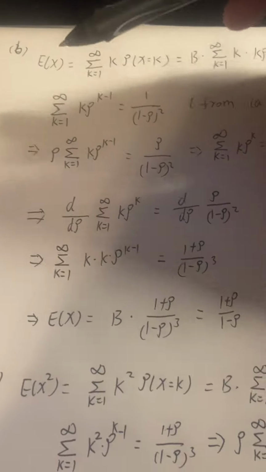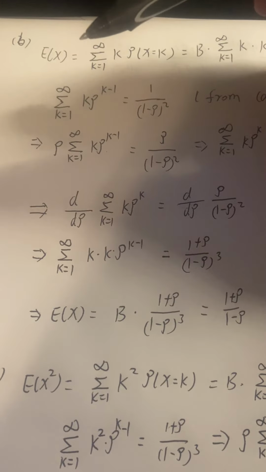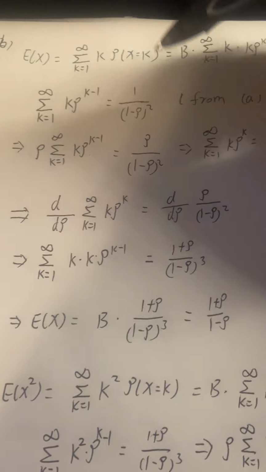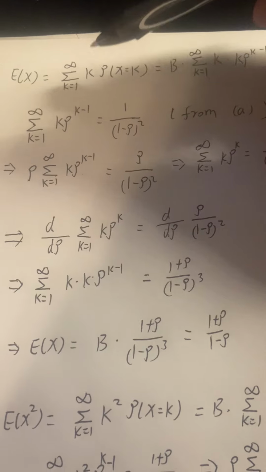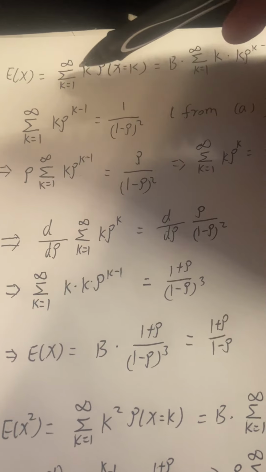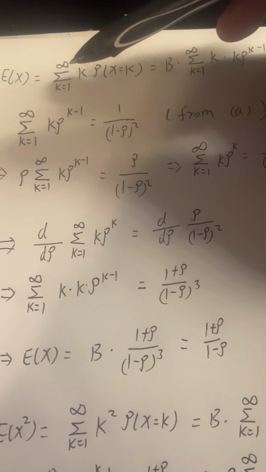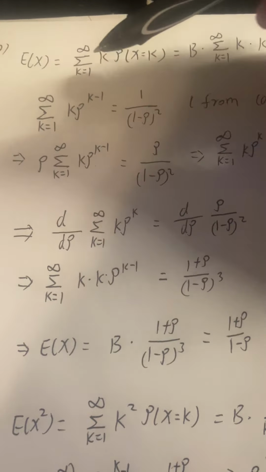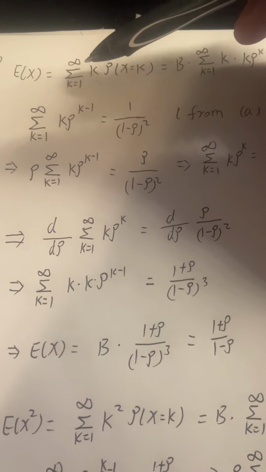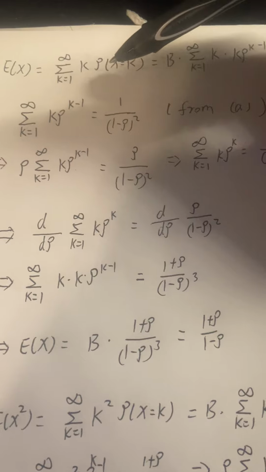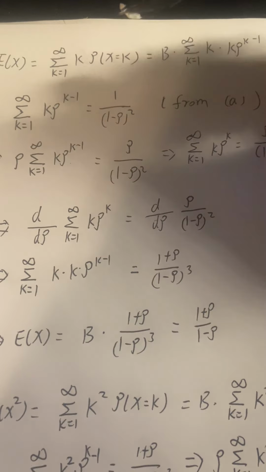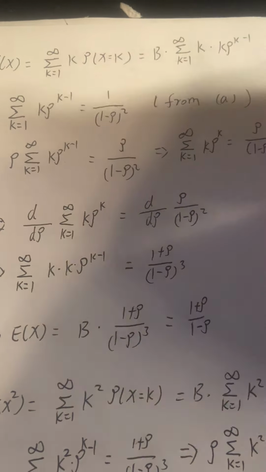Problem B, we need to find the expected value of X. We know the expected value is the sum from k equals 1 to infinity of k times P of X equals k.